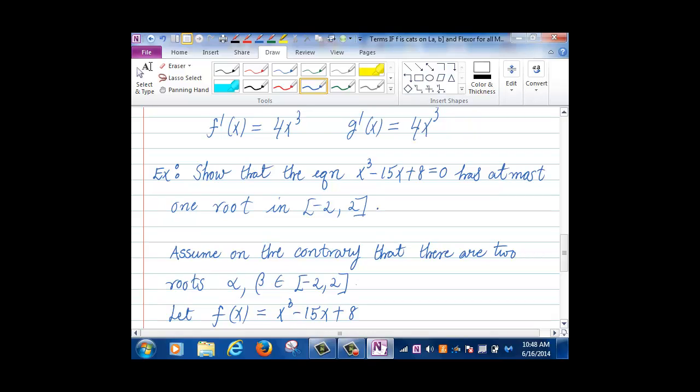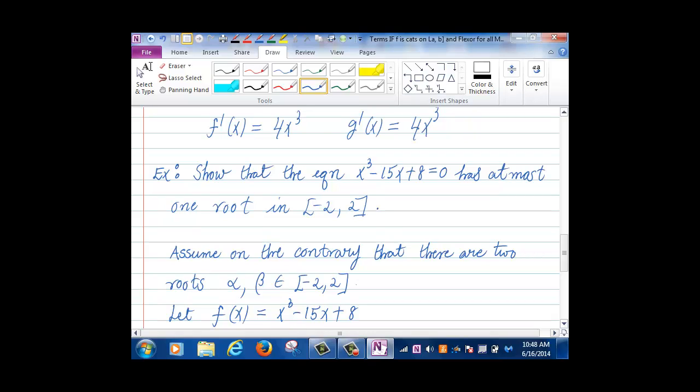Root means this equation has a root alpha: if I replace x by alpha, I can make both sides equal. So it's a solution of this equation. When I say root, it means solutions of the equation. So we are assuming, on the contrary, that there are two roots, or solutions, in this interval.